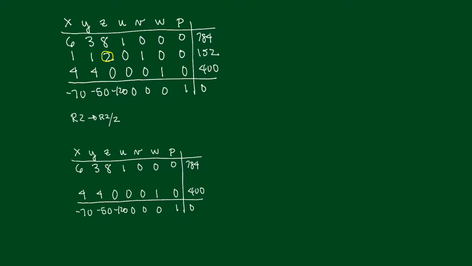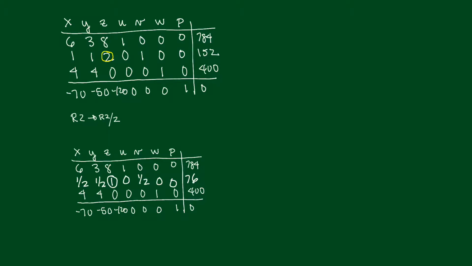We get 1/2, 1/2, 1, there's our pivot, 0 divided by 2 is 0, 1/2, 0, 0, and that 152 divided by 2, that was our minimum, is 76.